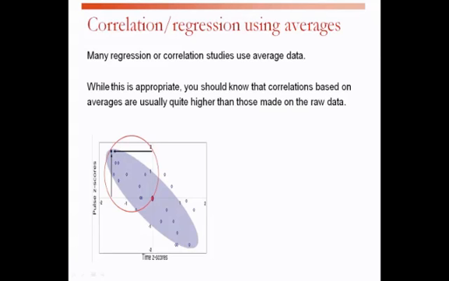So if you're using averages, automatically assume your R squared correlation values will all be much stronger. So you have to be careful about that. For your project, you're going to get data on different states. So instead of looking at data individually, if you start summarizing them by county or by state and start looking at averages, your results will be much stronger, which doesn't necessarily make it right. So be careful about that part of it.